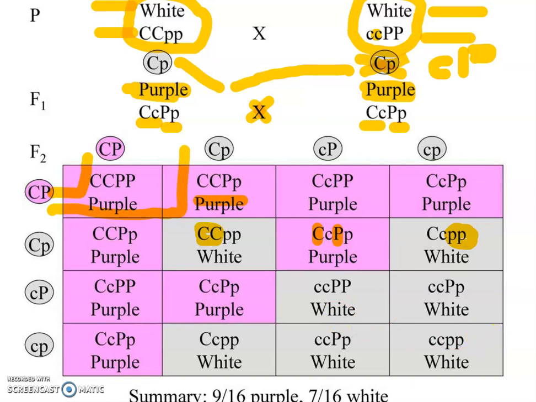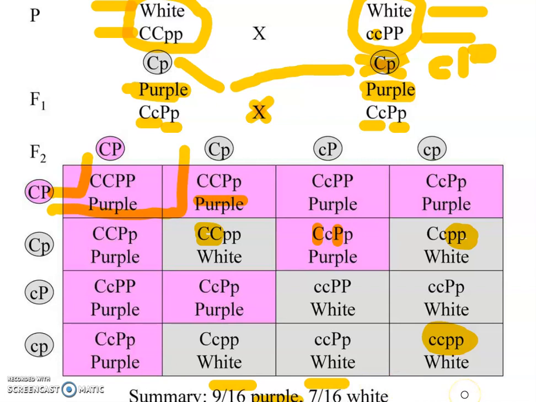So in summary, out of 16, 9 are purple color and 7 are white color. In the last condition all 4 genes are recessive, there is no dominant, so white color develops. So the ratio is 9:7.